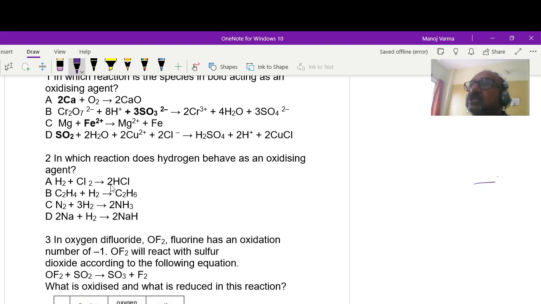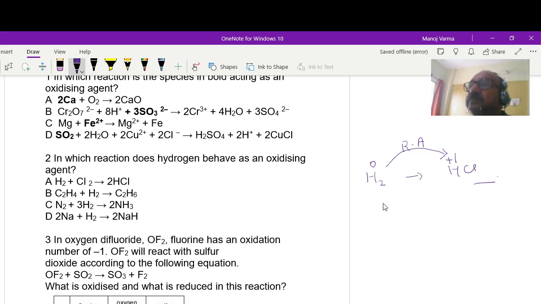So again, let us see the changes in the oxidation number. H2 is changing to HCl. You don't have to bother about this 2. This does not change the oxidation numbers, right? So here it is 0, here it is +1. So here it is oxidized, so it is acting as a reducing agent. So this is not the answer.